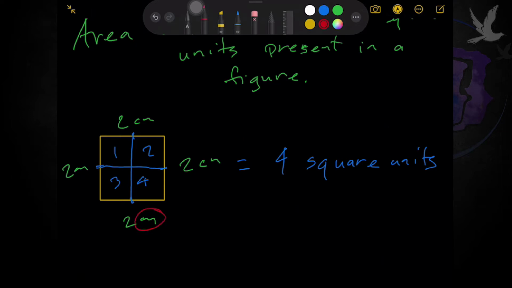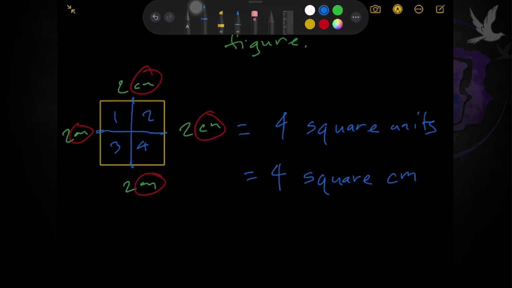But in this case, if you notice, we made use of the unit as centimeters, which means this should be written as 4 square centimeter. Okay, 4 square centimeters. Or other way of writing it is 4 centimeter squared.